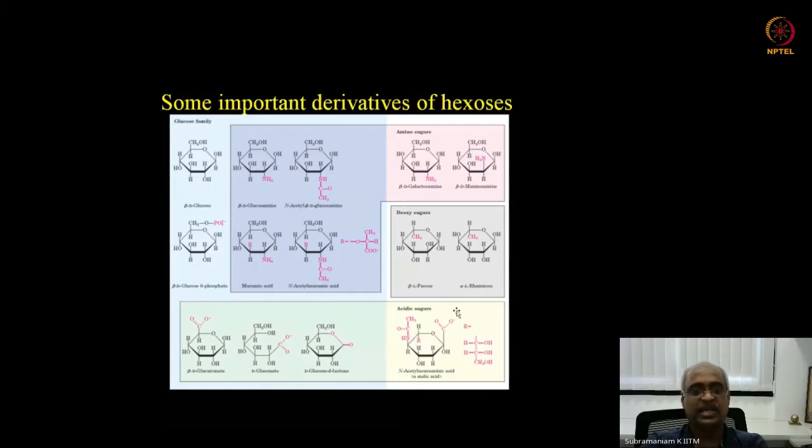And they usually have an acidic group as well as an N-acetyl substitution as well. The common name is sialic acid, and this is a very important modification of glycoproteins required as address tags. We will consider it towards the end of this chapter. So these are some of the derivatives of the common hexoses that we are familiar with.